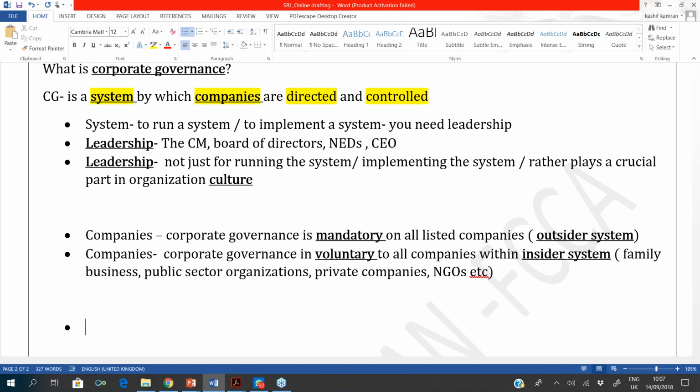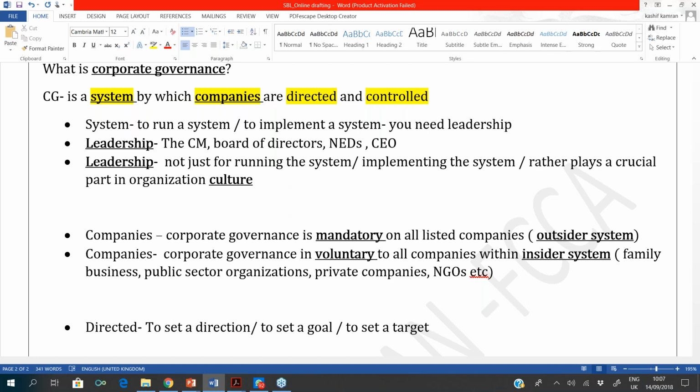Then it says, it is a system by which companies are directed and controlled. Directed. It is a system by which companies are directed. Directed means to set a direction, to set a goal, to set a target. Companies are directed. Directed for what?